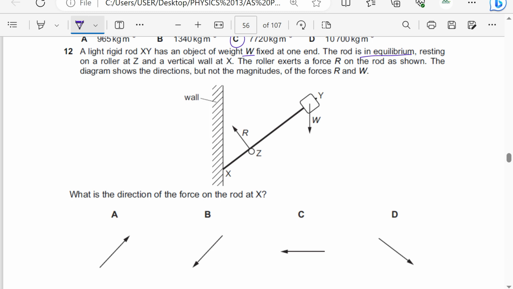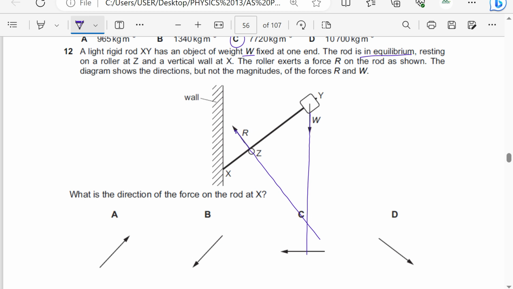So the simplest way to find the direction of the force on the rod at X is to prolong these forces and see where they meet. The other force should also meet at that point. So I'll prolong R backwards because I can't take it forward. If I take it forward, it will never meet with W. So I'll take R backwards, and I'll take W downwards.